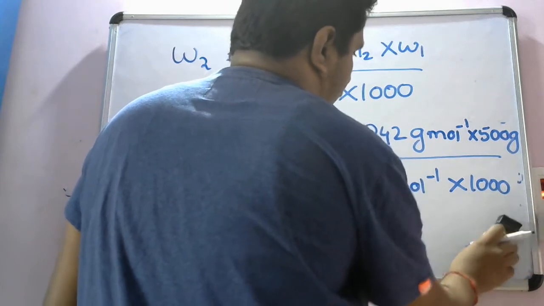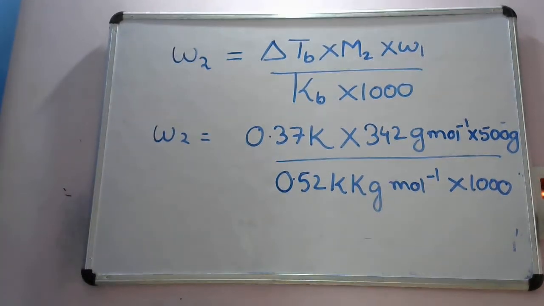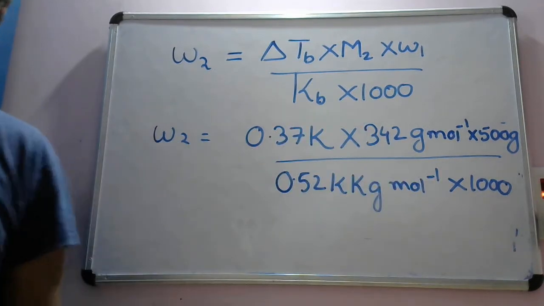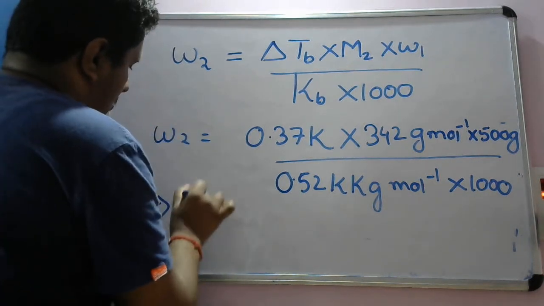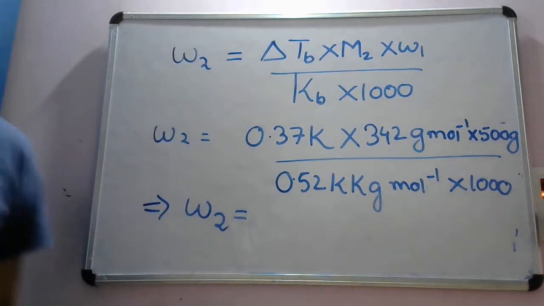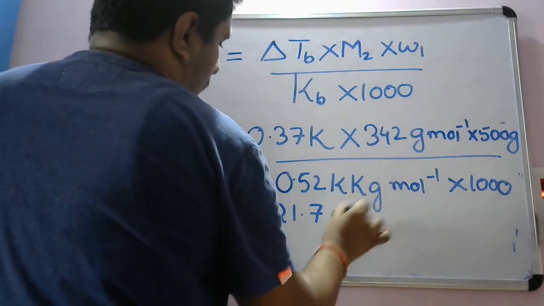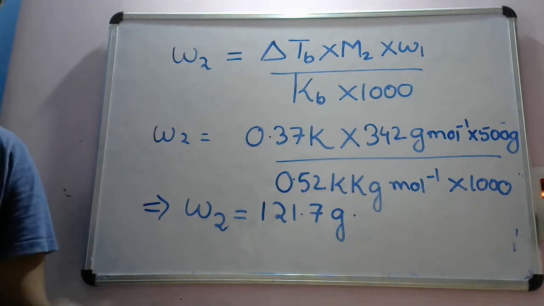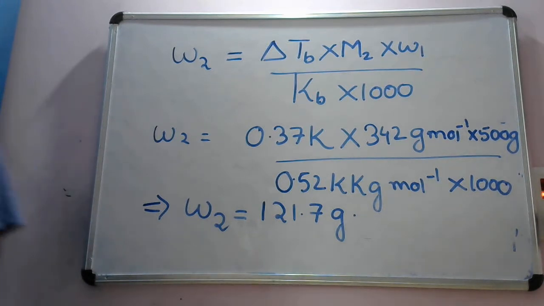Since we have substituted all the values, now we will calculate, and after calculation you will obtain W2 value to be 121.7 grams. So this is how we calculate the mass of the solute using the elevation in boiling point formula, and hence this is our answer.